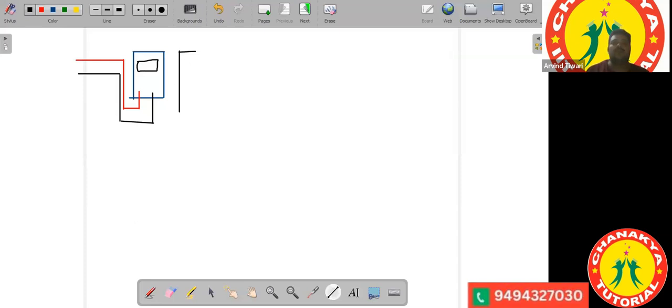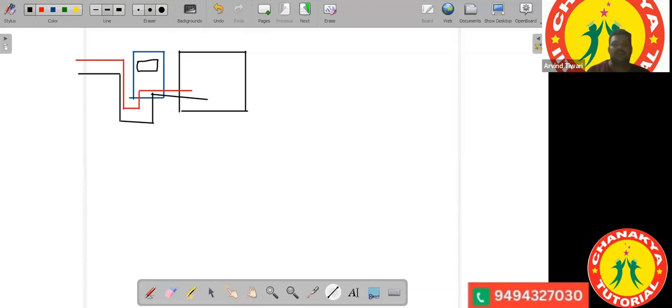In the distribution box, the first connection is given to a fuse. After that, your connection will go on.